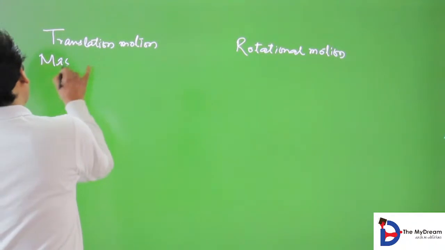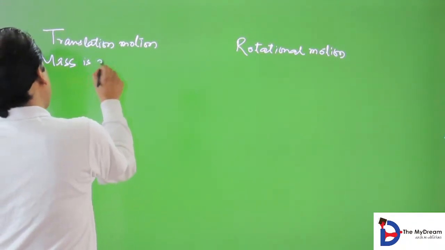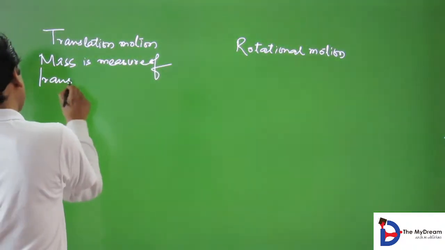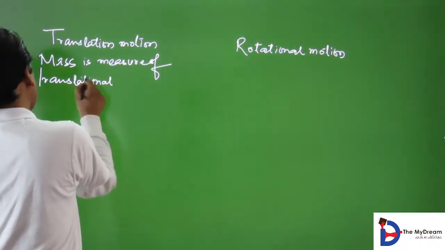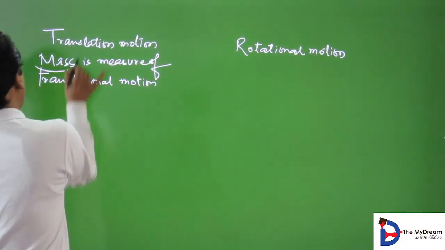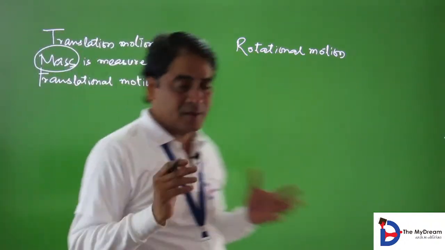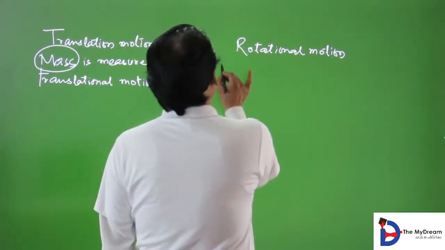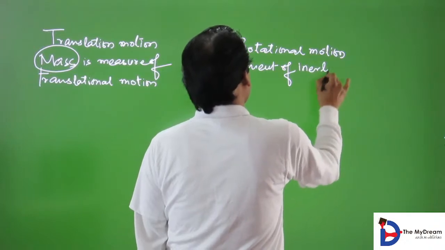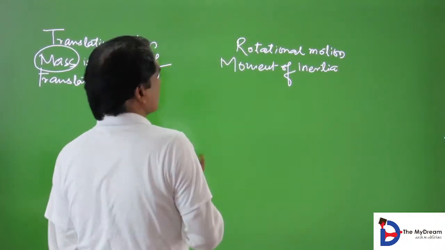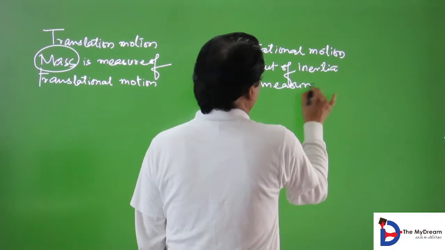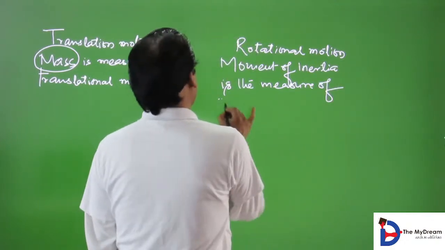Mass is the measure of translational motion, whereas moment of inertia is the measure of rotational motion.